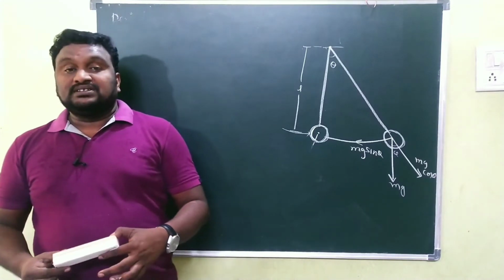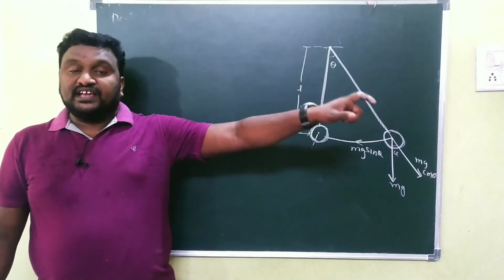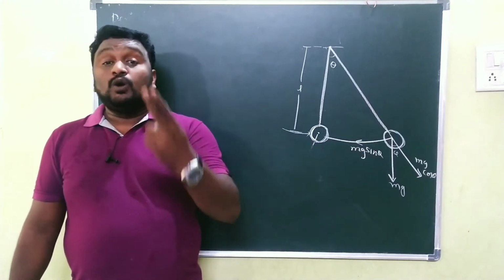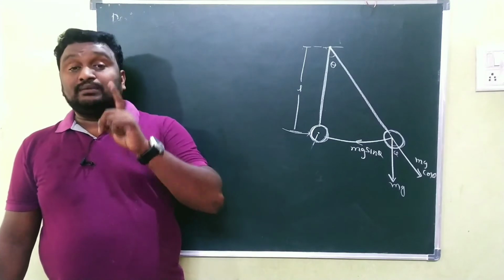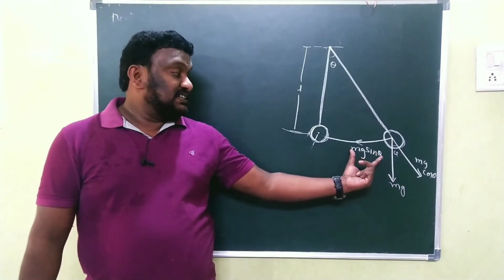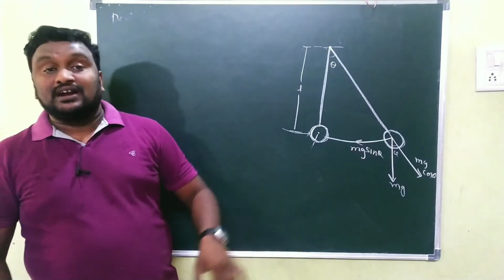Simply you have to remember that when the bob reaches the extreme position, at that point the weight can be resolved into two components. One is mg cos theta, shown here vertically downwards, and mg sin theta is along the horizontal direction.